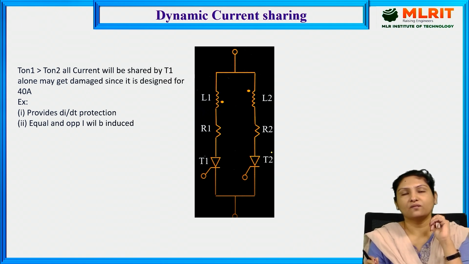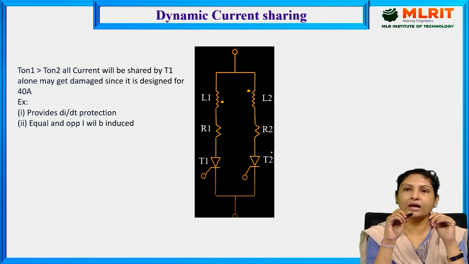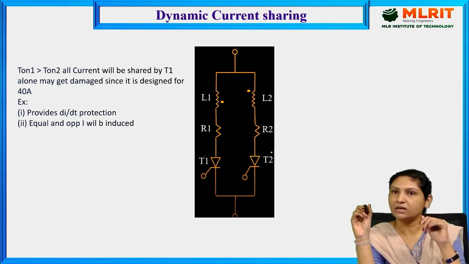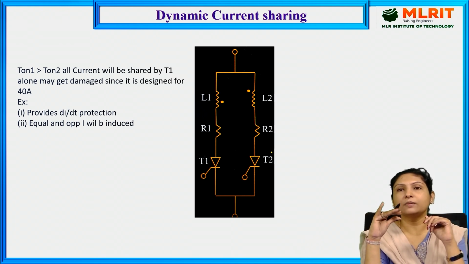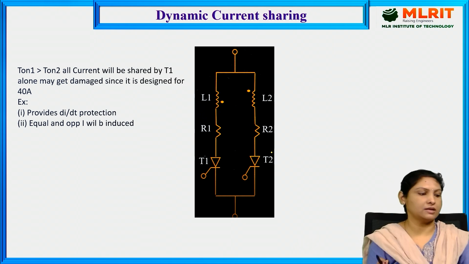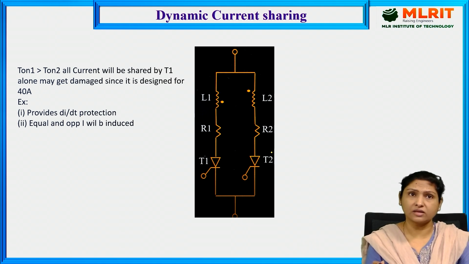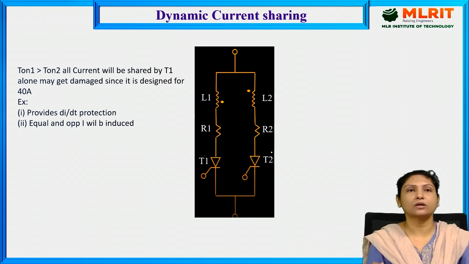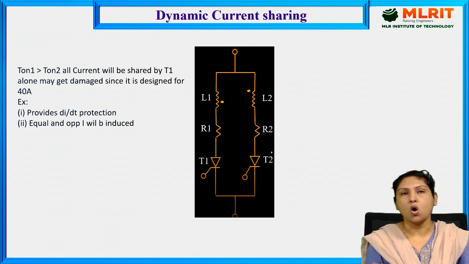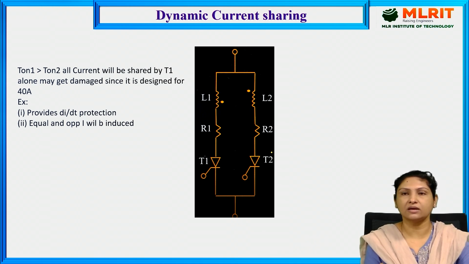Because of this, the whole current will be carried by the other n-1 SCRs alone, and it will ultimately be a burden to them. Similarly, if the turn-on time of thyristor 1 is greater than that of thyristor 2, all the current will be shared by thyristor 1 alone, which may get damaged, since it is designed only for 40 amperes.